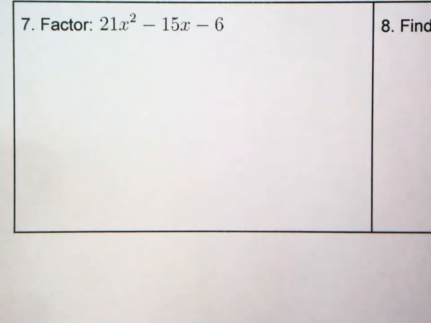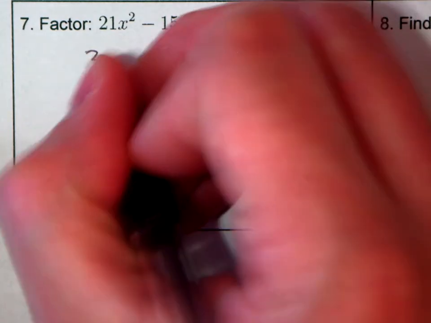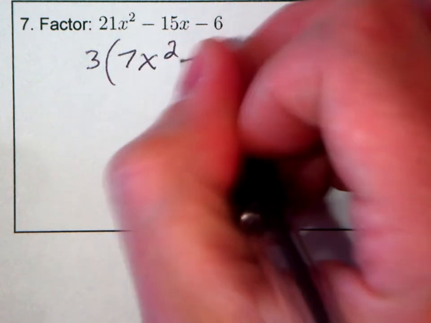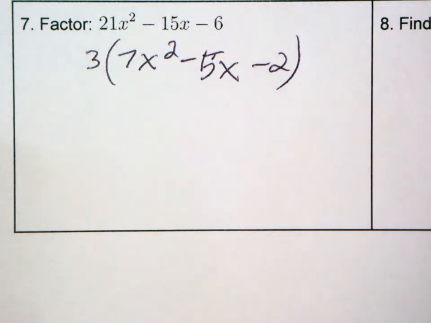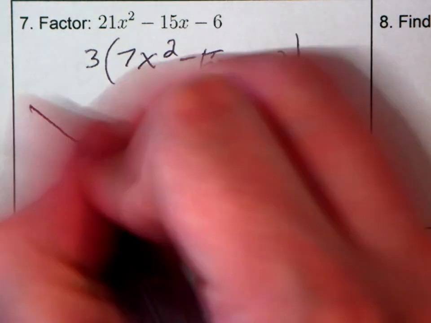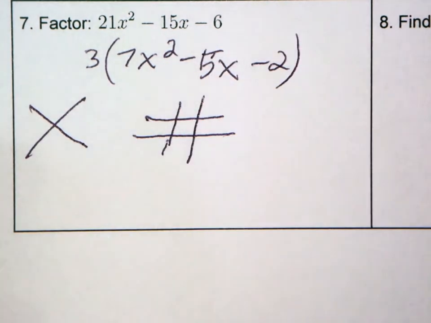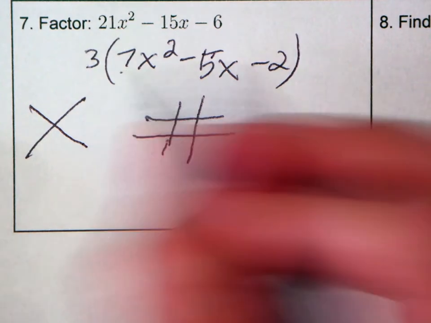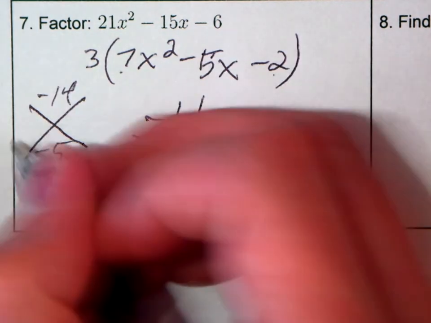For the last two problems, you can solve them as is, but it simplifies the process if you factor out a number first. For example, all 3 of these terms are divisible by 3. So if I divide by 3, or factor out a 3, the x box becomes a little bit easier to manage because I'm dealing with smaller numbers. So here, 7 times a negative 2 is a negative 14. On bottom is a negative 5.